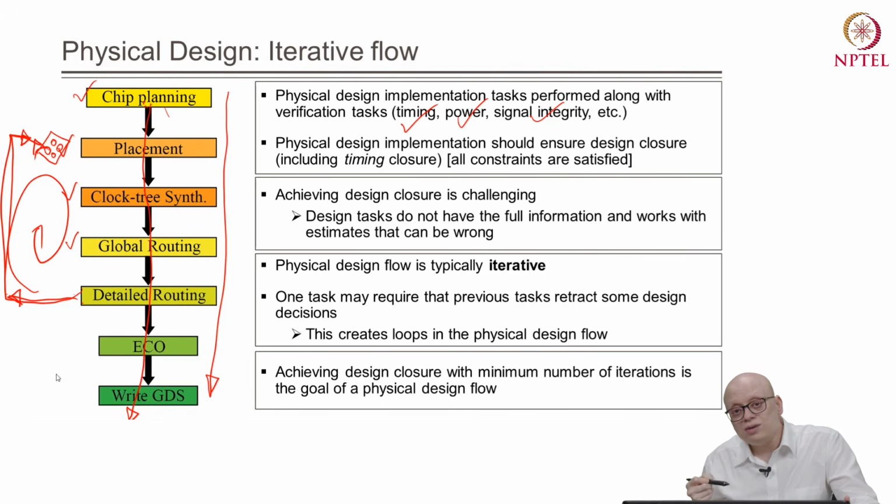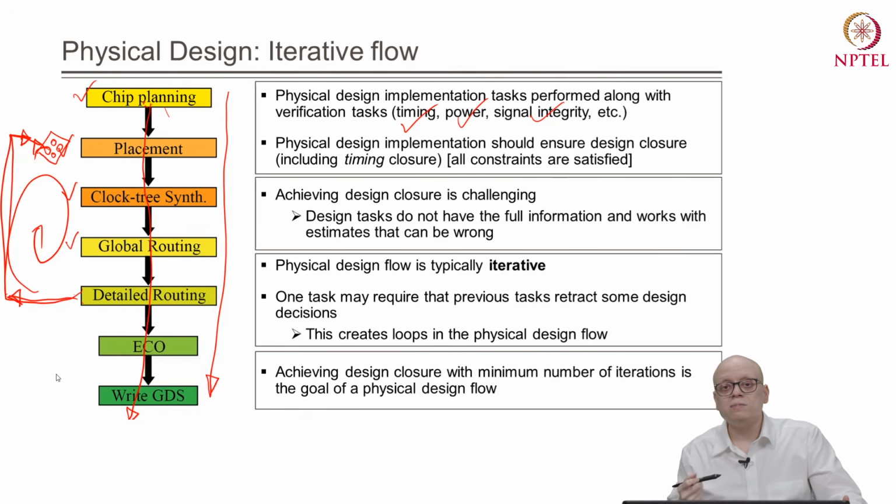So, we try to reduce the number of iterations in this physical design flow, and there are techniques to do that. For example, one of them could be a better estimate, right. If we do a better estimate at a higher level of abstraction, then probably the decisions will be more likely to be correct, and therefore it may not be required to retract.